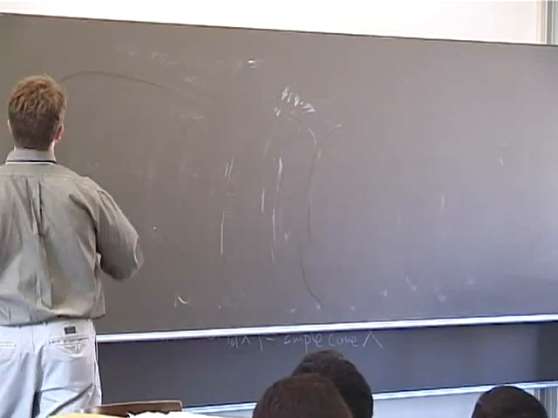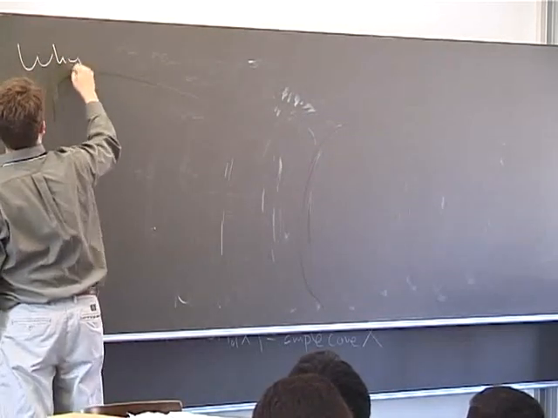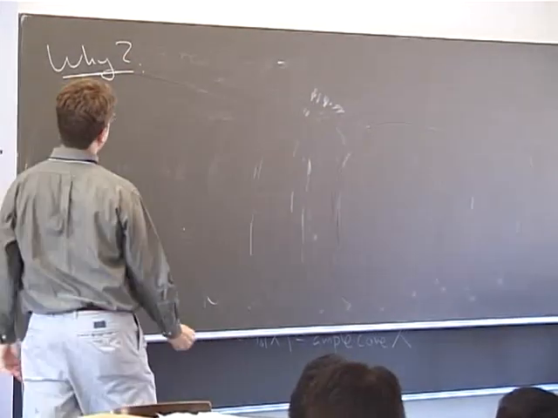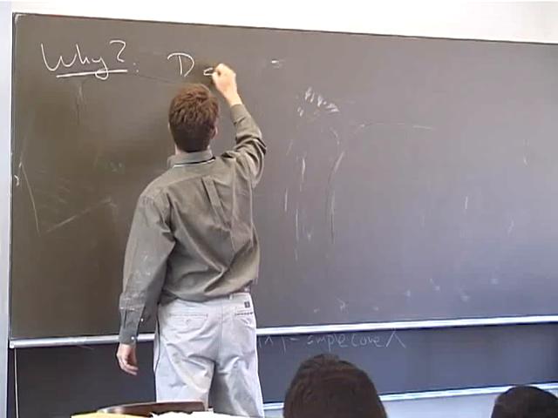So why does this work? Well, let's say we're given, let D be an arbitrary effective divisor.